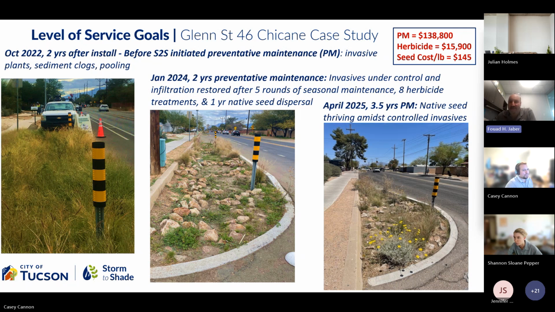Basically, we said every corner of a street where we can put one, let's put one. Every median of a parking lot, let's put one. And we ran a model, the EPA SWMM, which evaluates flood and runoff.